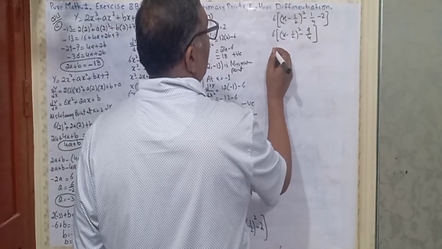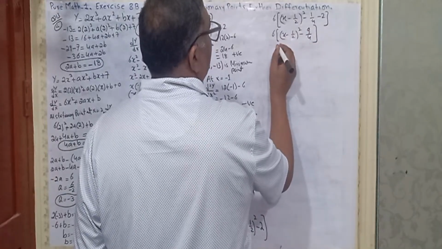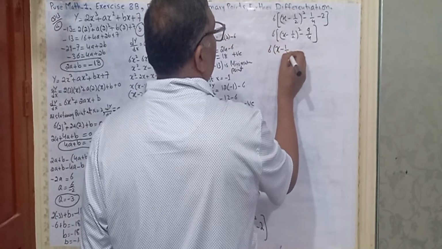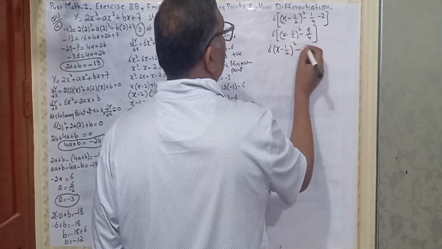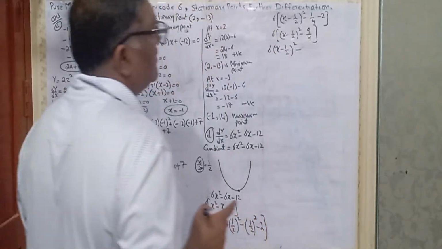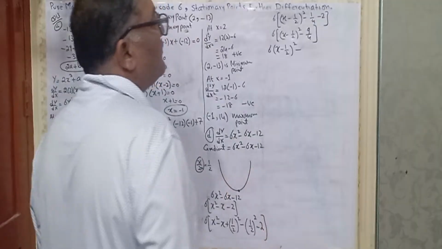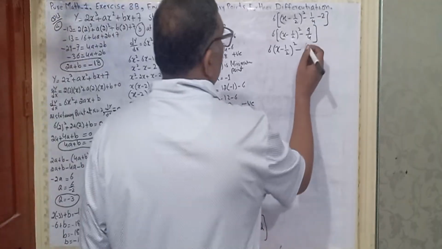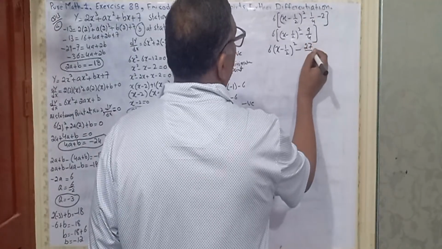Okay, so you will have, just multiply it. So you will have x minus 1 by 2 whole square minus, when you multiply here, so cancel 54 divided by 4, and that will be 27 by 2.